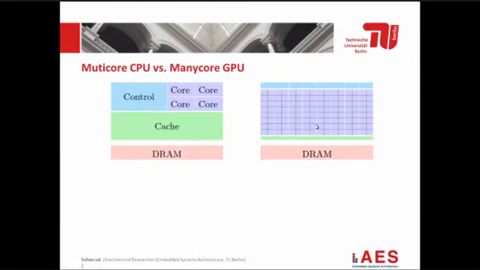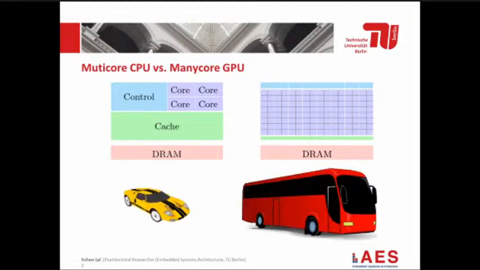Then the next question is in which scenario we can use a multi-core CPU versus a many-core GPU. I take a very simple analogy for that. If you have to take a few people from place A to place B, then a car is very good for that. But if you have to take many people from location A to location B, then a bus is much more efficient.